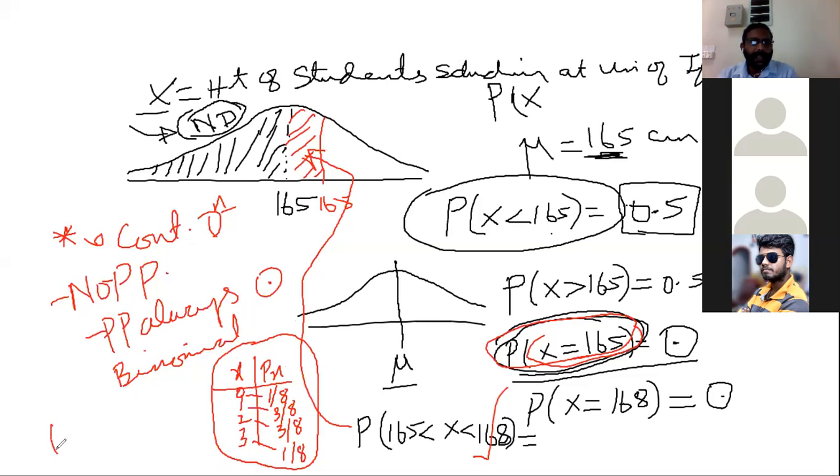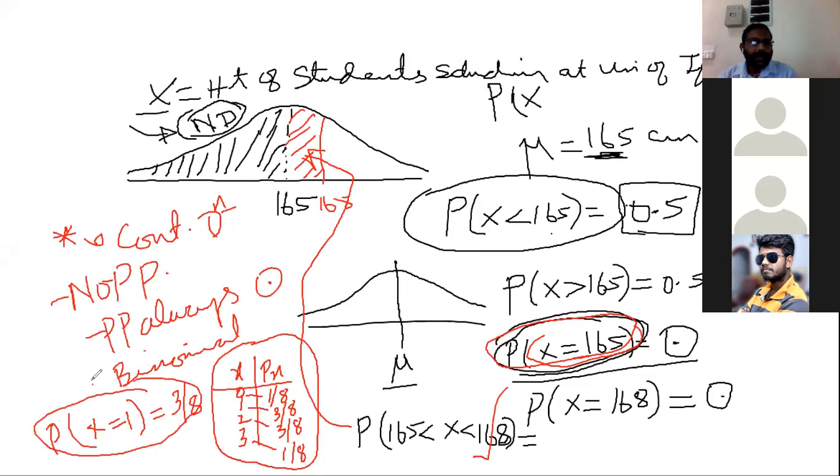Now here I can ask a question. What is the probability of having x equal 1? In other terms, what is the probability of getting 1 head in all 3 tosses? The answer is 3/8. So this is called point probability.